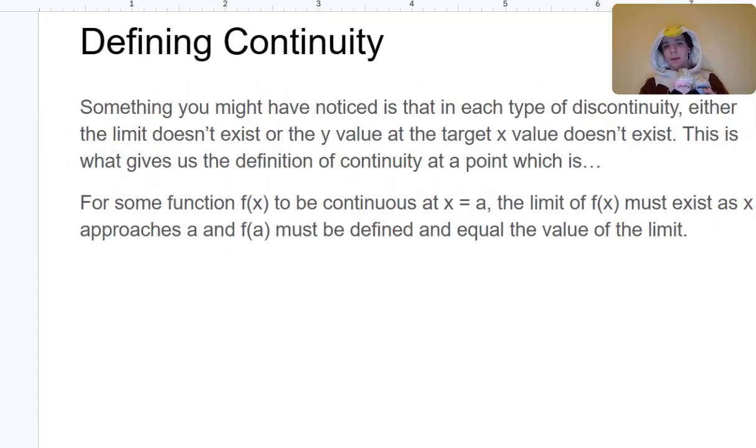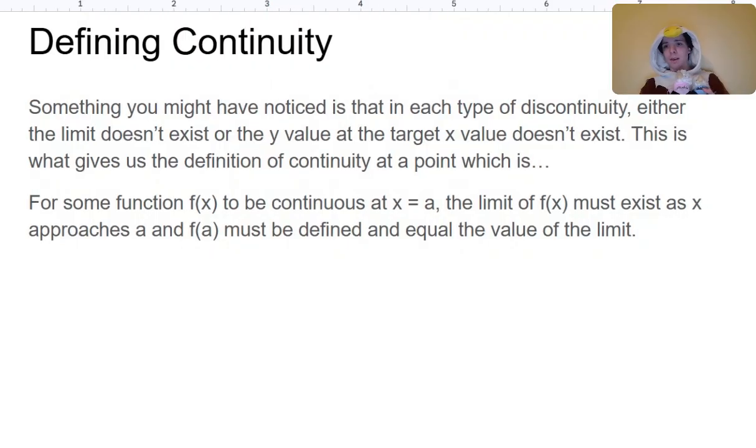With all the types of discontinuities we've talked about, there's ones where there's a jump, so the limit from the left doesn't equal the limit from the right. Spirit and the other eagle aren't getting together, so the limit doesn't exist. And there's ones where the target x value has an undefined y value.